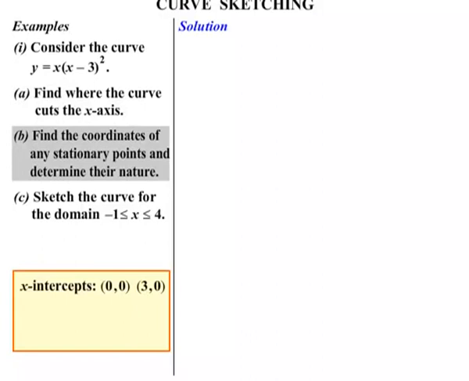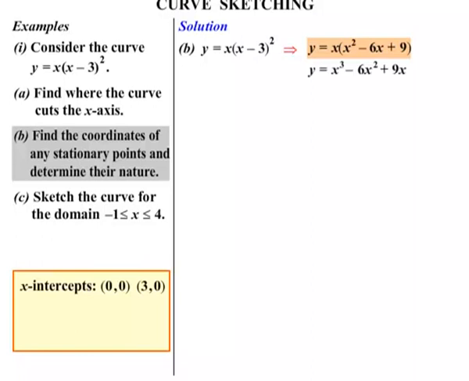Now, part B, find the coordinates of any stationary points and determine their nature. So again, let's just write down the equation, and we can expand that somewhat. At this stage, we've expanded the perfect square, and now we'll expand the brackets, so everything's being multiplied by x outside the brackets.